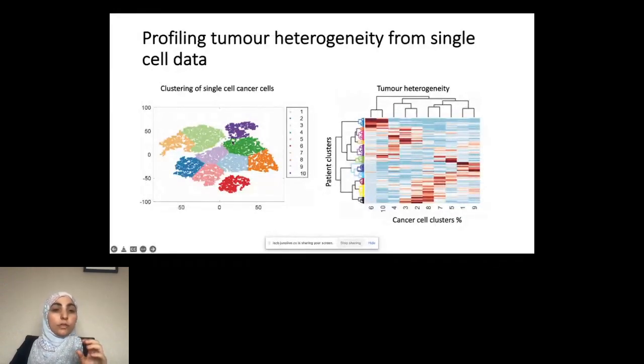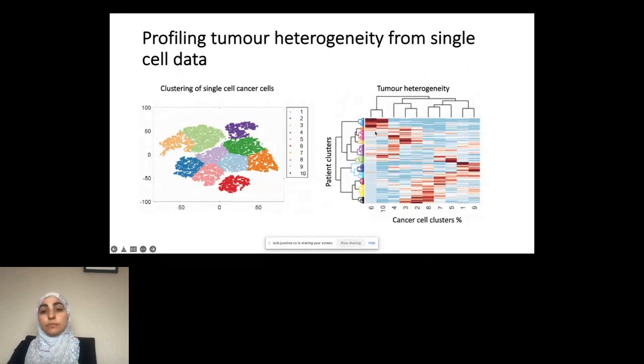Here I'm showing only the phenotype of cancer cells, so the ones that have epithelial origin. From this, we can then look at the heterogeneity of the tumor, because each tumor will have many single cells that can have different phenotypes. So from here, we can cluster the patients based on how much they have from each single cell phenotype.